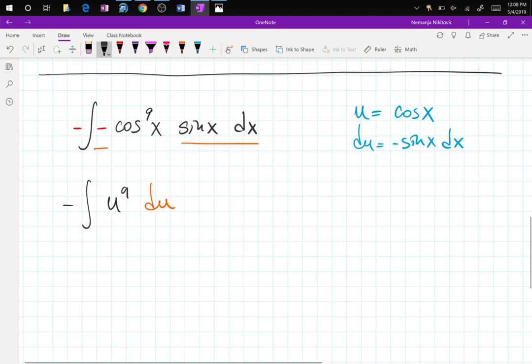So this is the whole method. And we transformed the entire trigonometric integral into a basic polynomial u to the 9 thing. So nice. And we now have negative u to the 10 divided by 10 plus c. And then you go with, I don't care about u, I care about the x.